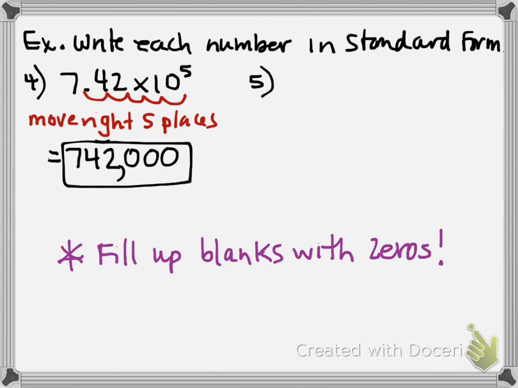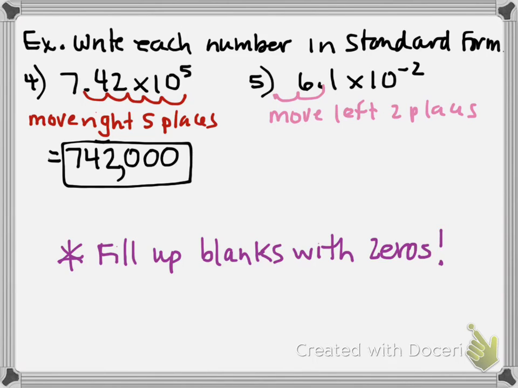So let's see, how about 6.1 times 10 to the negative 2nd? All right, so what does the exponent negative 2 tell me? We're going to move left. How many spots? 2 places. So 1, 2. And the answer would be point and 1 blank 0, 6, 1.